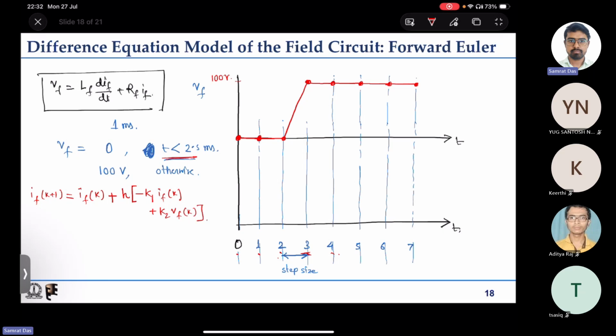So this is our forward Euler equation that will be solved.